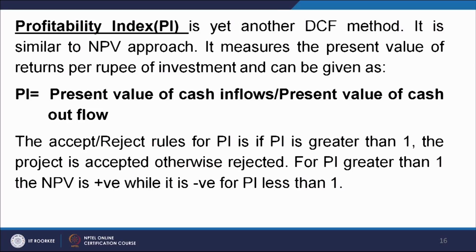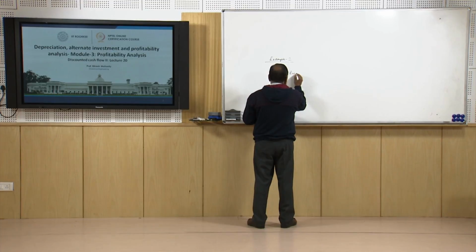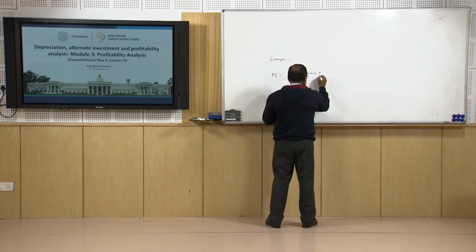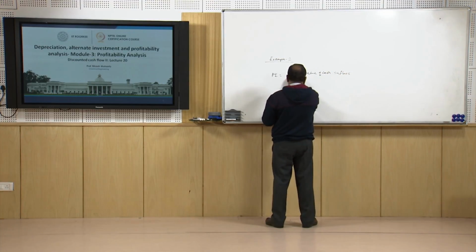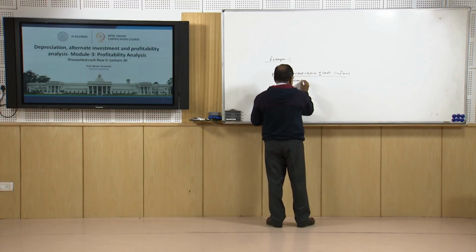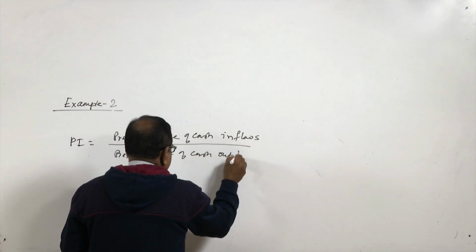It measures the present value of the return per rupee of investment and can be given as PI is equal to present value of cash inflows divided by present value of cash outflow.